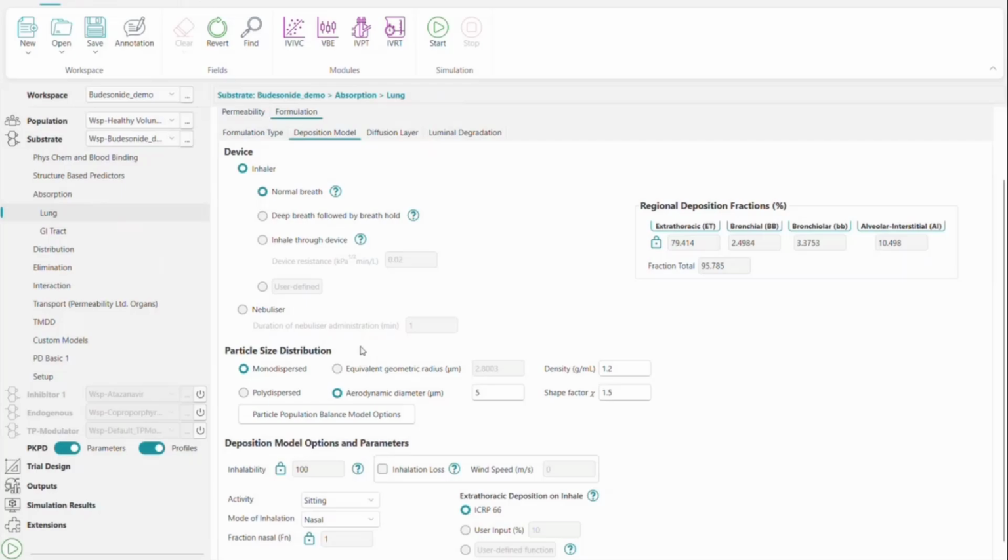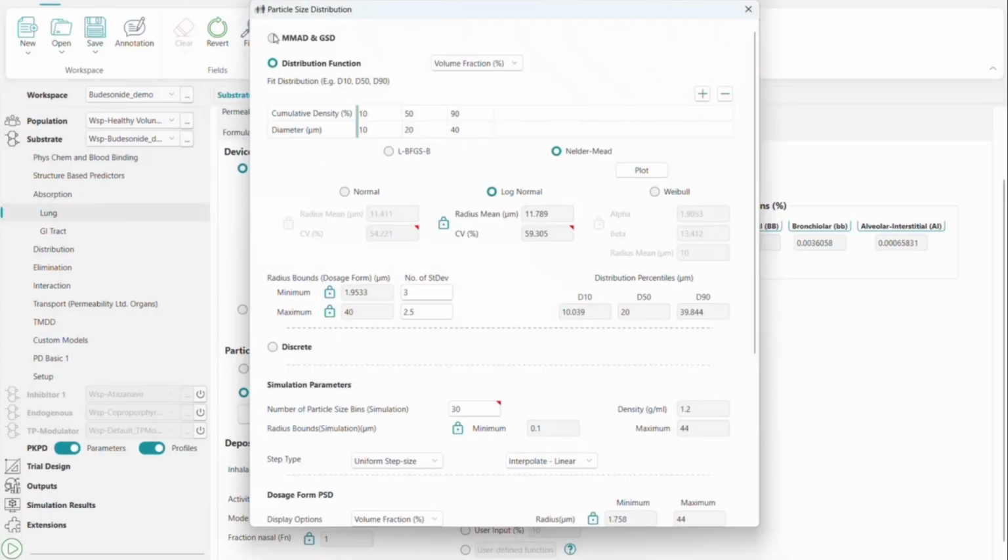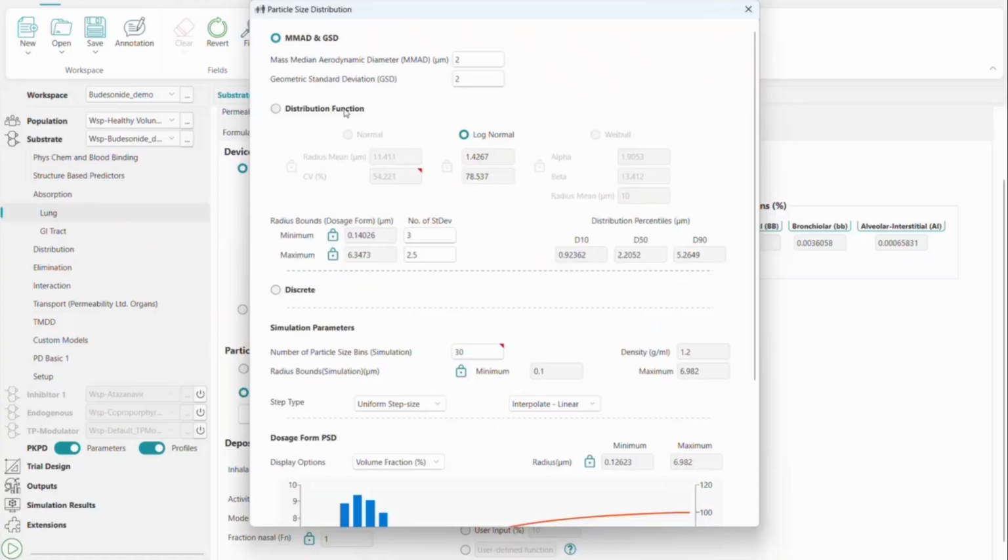To parameterize the distribution, we're going to use a polydispersed particle distribution. So we click on the polydispersed value, and new in version 25 is that we can enter the MMAD and GSD directly. I'll talk about how you'd enter this information in previous versions in a moment.